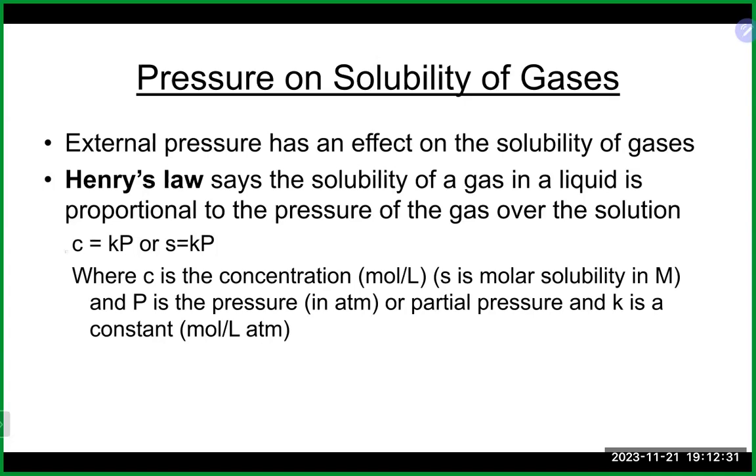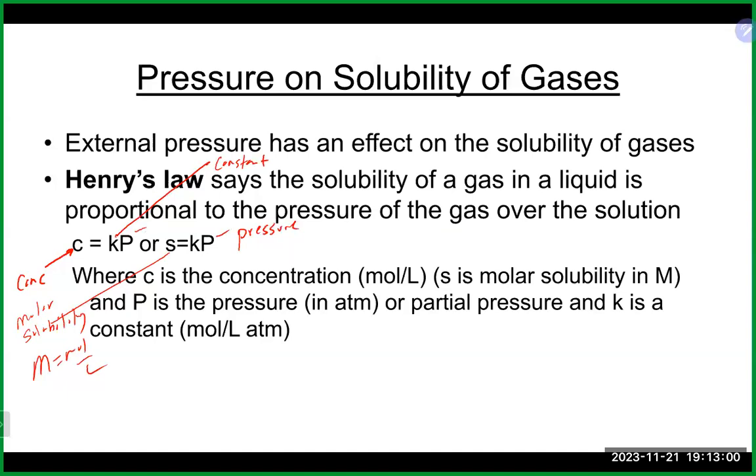Here's a couple of versions of Henry's law. C is our concentration, our molar solubility, which is a fancy way of saying molarity, which is moles per liter. K is Henry's constant. That is a constant value that you would look up in a table based on the gases you're dealing with. And P would be our pressure in each of those cases.